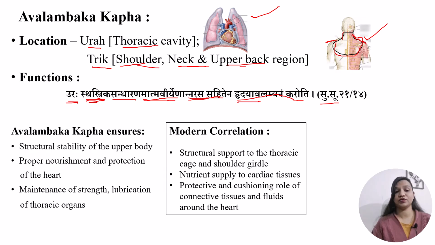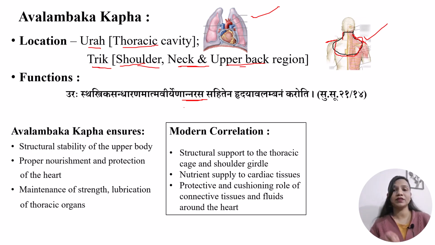Let me erase this so you can understand it better. Okay. So what the verse says is that the Avalambaka Kapha, which is situated in the chest, meaning Uraha, and Trik region, supports and stabilizes the Trik region, and by its own inherent strength, its Atmavirya, along with the nutritive essence of food, meaning Annarasa, which is said in Ayurveda, the nutritive essence of the food that we ingest, which after digestion gets converted into the nutritive essence.